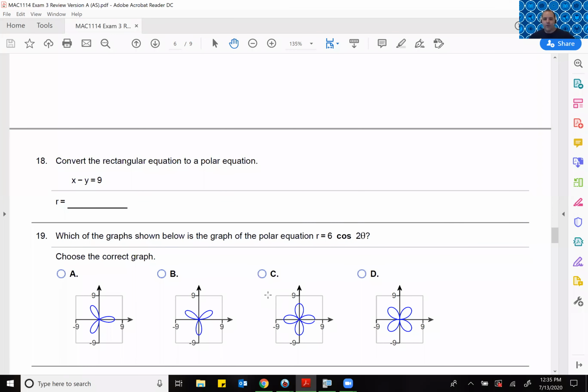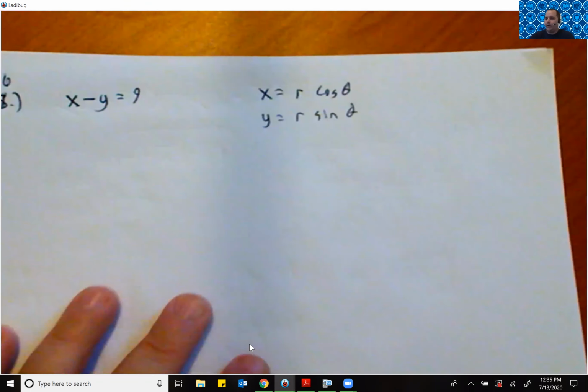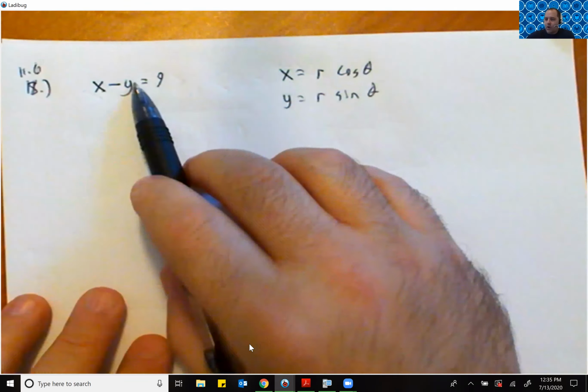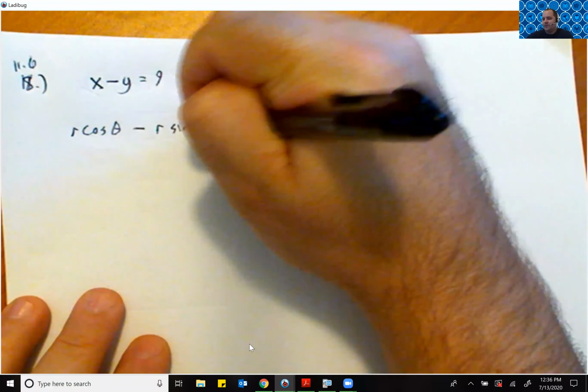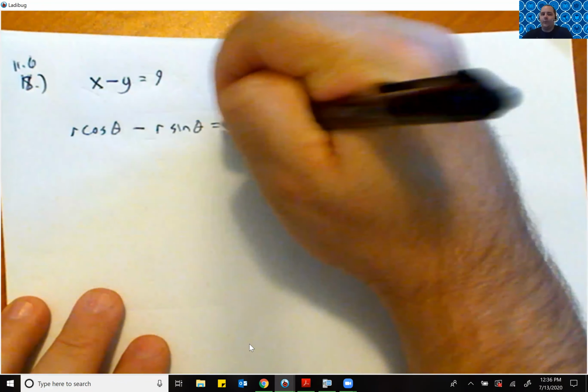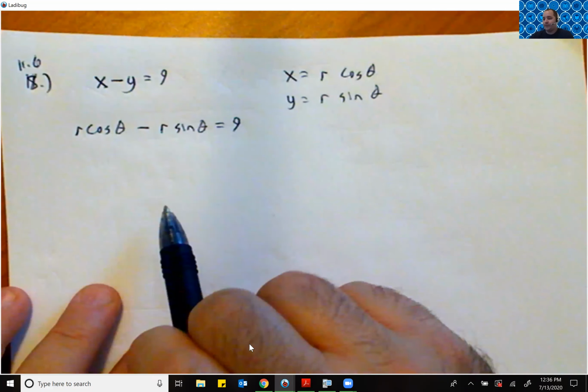Just like what you saw on the other page, that just means that we need to get rid of these two guys and bring in the thetas and the cosines and the r's. So remember on the other page that we just said that x is equal to r cosine theta, and that y is equal to r sine theta. We'll go in here and replace these. R cosine theta minus r sine theta is equal to 9. All we need to do is get the r by itself. What do both of these have in common? Both of them have r.